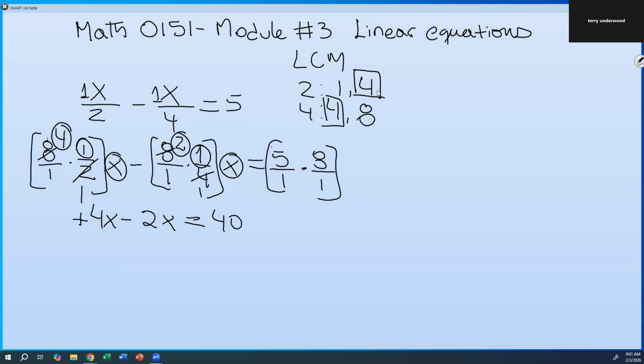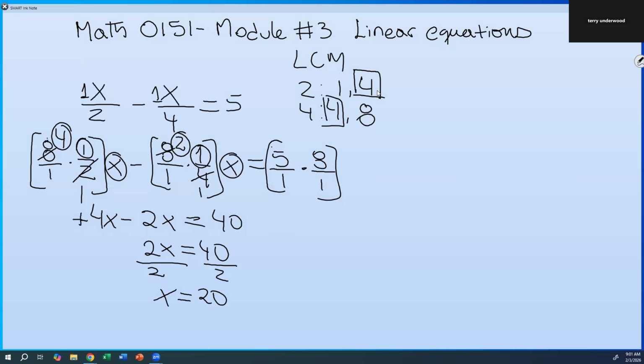Who is bigger, 4 or 2? 4. So the answer will be positive. Then you subtract 4 minus 2, and 2x is equal to 40. And then finally, I will divide both sides by 2. So my final answer is that x is equal to 20.